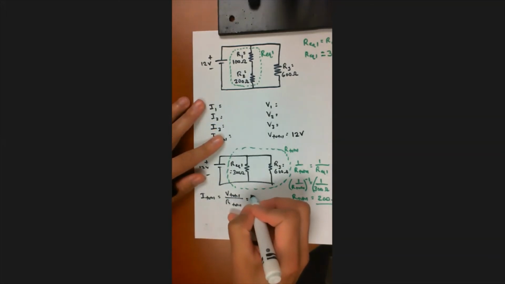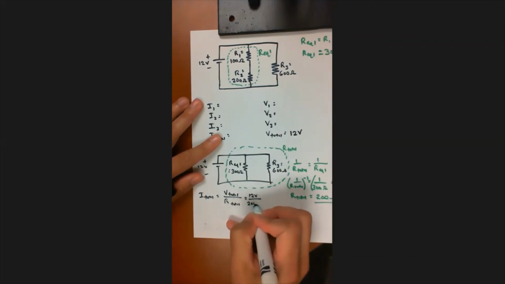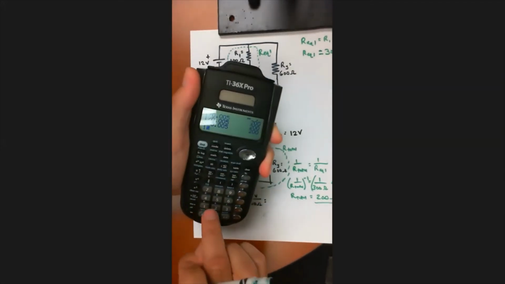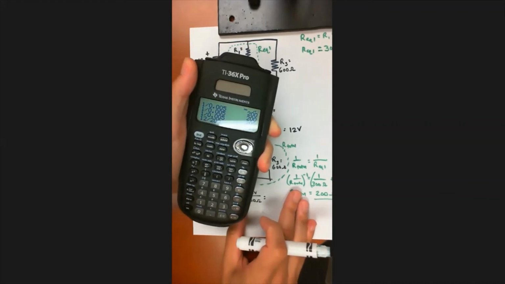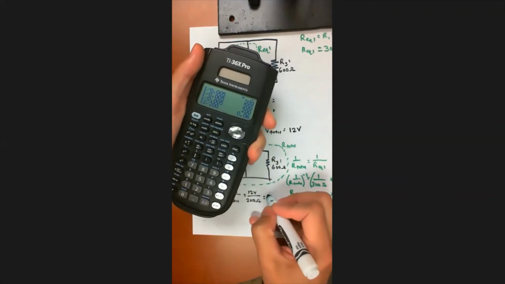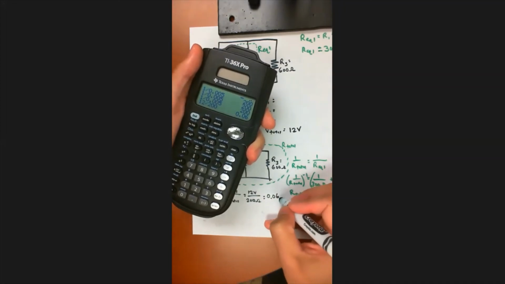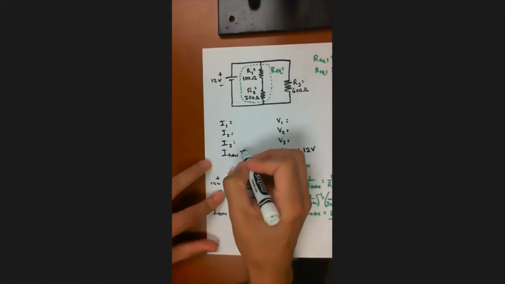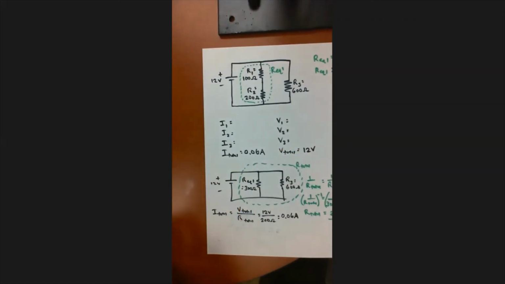V total was 12 volts and R total was 200 ohms. And 12 divided by 200 gives me 0.06 amps, because when you take volts divided by ohms, you get amps. Okay, so now I got I total. I can plug that in right up here. 0.06 amps.